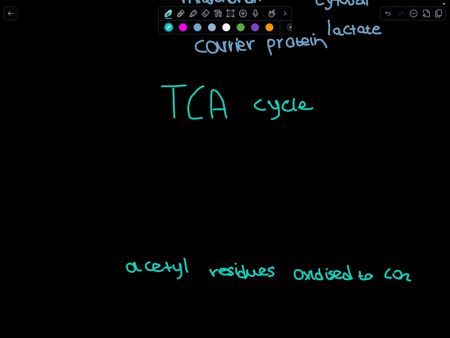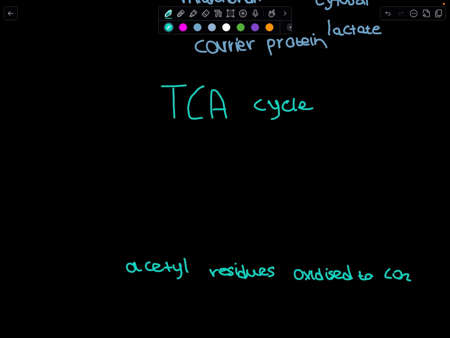The TCA cycle produces 3 NADH, 1 FADH2, and 1 GTP per acetyl-CoA. GTP, or guanosine triphosphate, is an energy molecule like ATP, carrying a high-energy phosphate bond. In the cycle, succinyl-CoA synthetase forms GTP from GDP and an inorganic phosphate while converting succinyl-CoA to succinate.